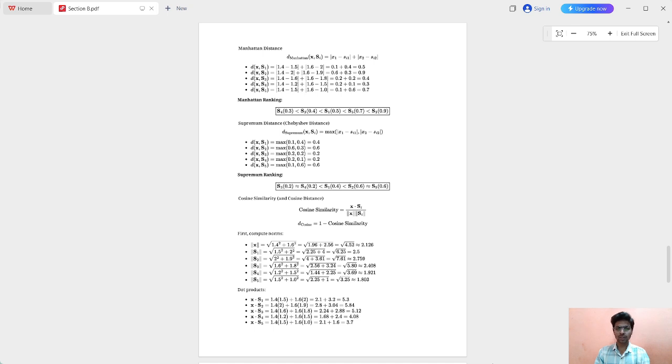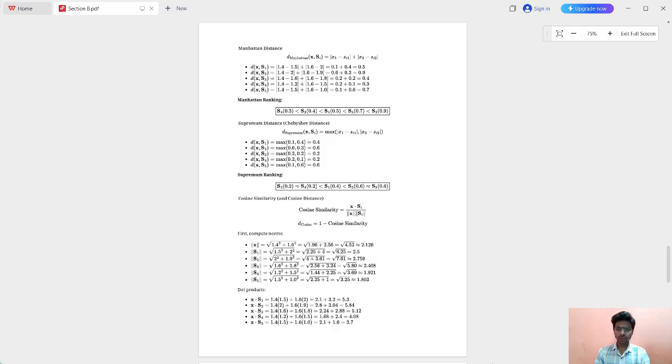Cosine similarity and cosine distance. On applying this formula, the norm of x is approximately 2.126, and for S1 it is 2.5, and S2 is 2.759, and S3 is 2.408, and S4 is 1.921, and the last one S5 is 1.803.